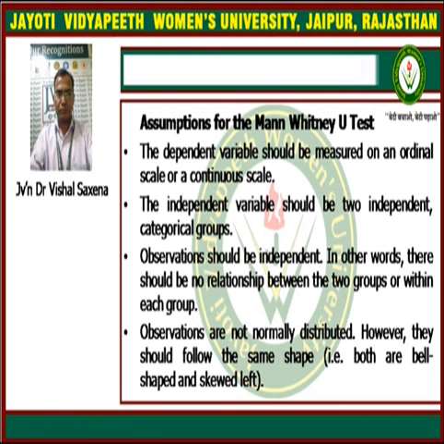So assumption number 4 is that observations are not normally distributed and they should follow the same shape, that is, both bell-shaped or both skewed left. So in this way we can take the assumptions for the Mann-Whitney U test to apply.